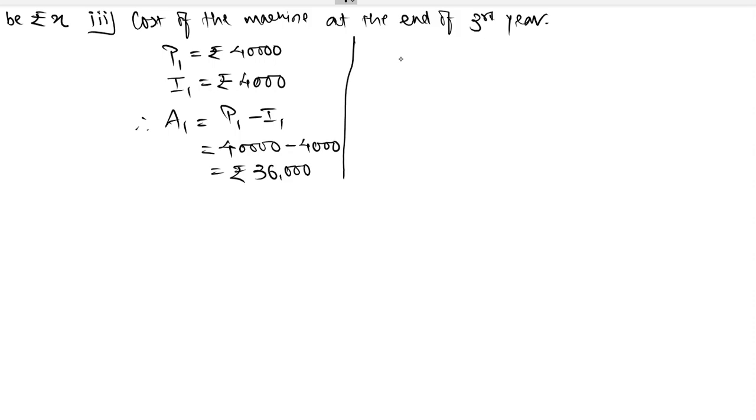Right? So this is the value of the machine at the end of 1st year. Similarly, the value of the machine at the beginning of 2nd year becomes 36,000. The depreciation during 2nd year becomes rupees 3600, and the value of the machine at the end of 2 years becomes 36,000 minus 3600.